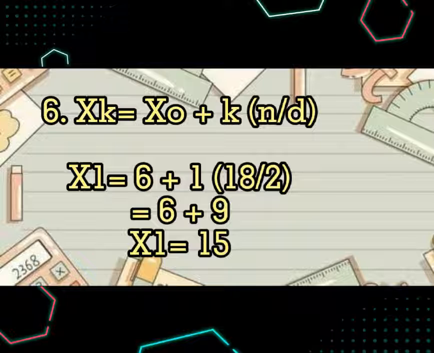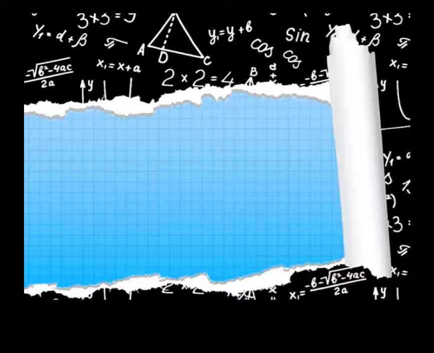The 18 over 2 was taken from our previous equation, which is 14x is congruent to 12 mod 18. So 6 plus 1 times 9 equals 6 plus 9, which is 15. Our value of x1 is 15. It is the second solution.